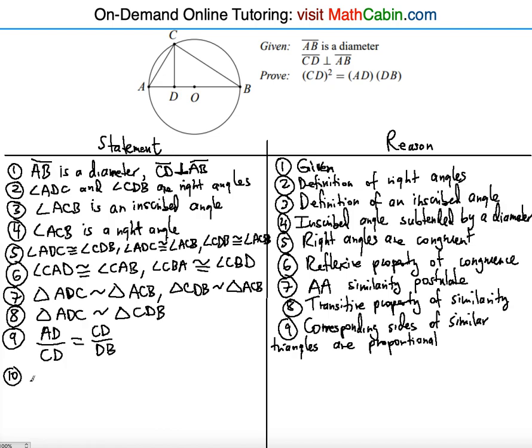Now the next step is to, of course, cross multiply, because guess what? Look, if you cross multiply, we're kind of heading to the proof that we need to get to, right? So AD divided by DB is equal to CD being multiplied by itself, CD, right? And this is cross multiplication. How do we explain that?